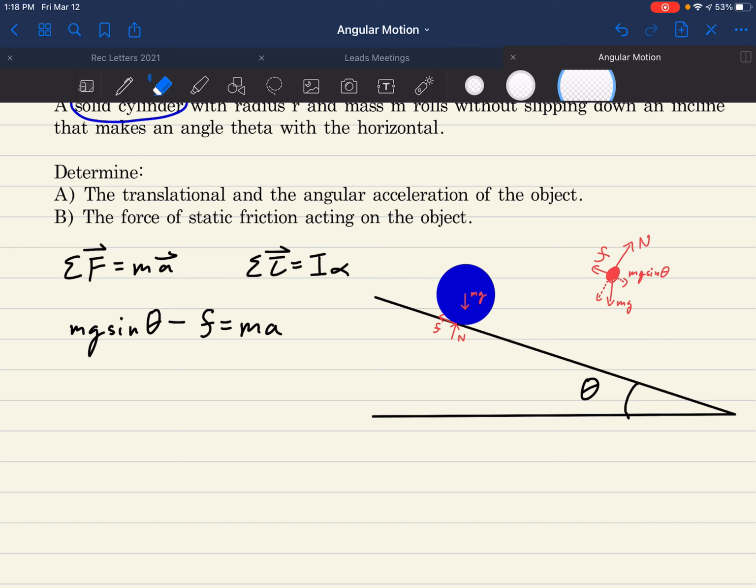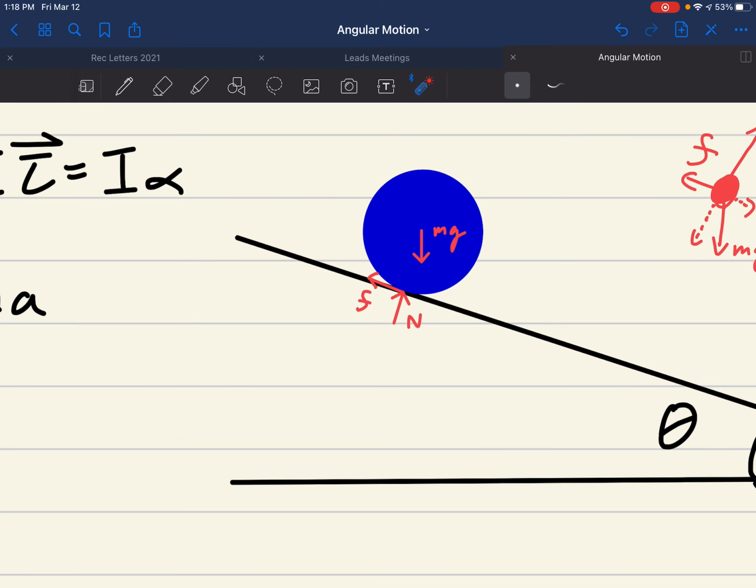Okay, so we've got our one equation using Newton's second law for translational motion. Now let's try to write another equation using the rotational motion of this object. If we look at our forces, mg acts at the center, where the rotation axis is. So mg is not going to exert any torque because it's at the rotation axis.